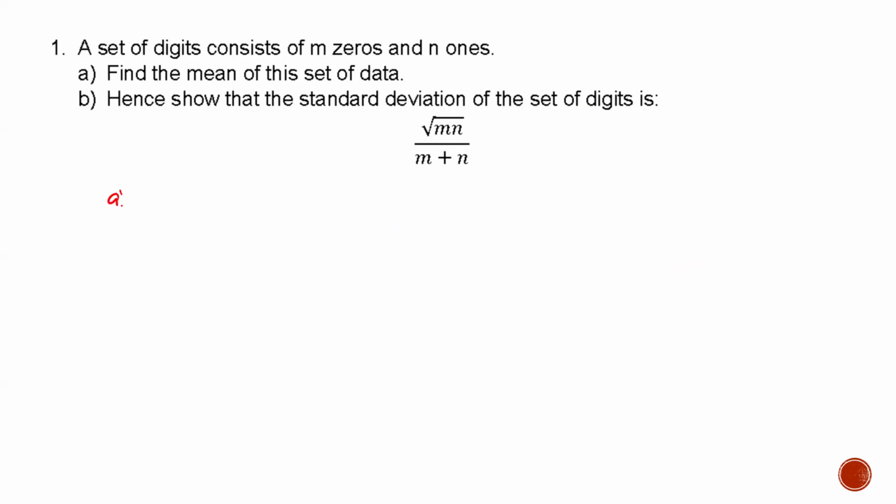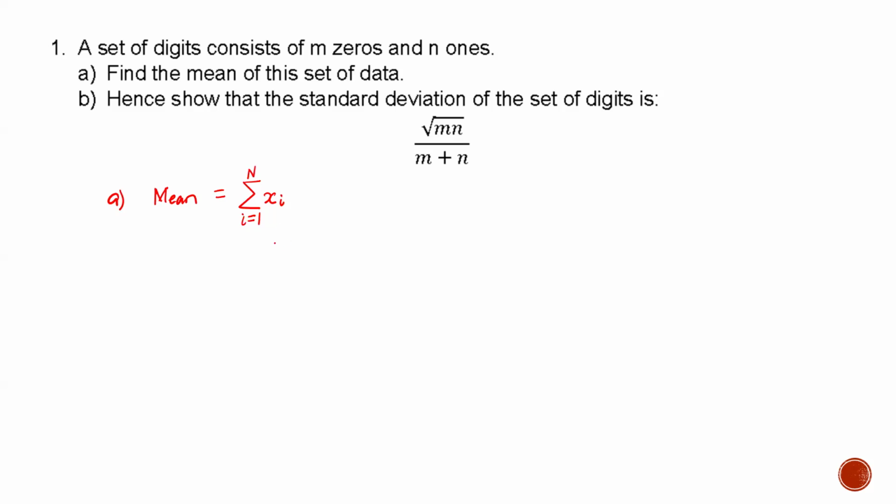Now from O level, really, or from primary actually, you know that in simple terms, the mean is equal to the sum of items divided by the number of items. But I'm going to write it in a more mathematical way. Okay, now you're mature. You can write like this.